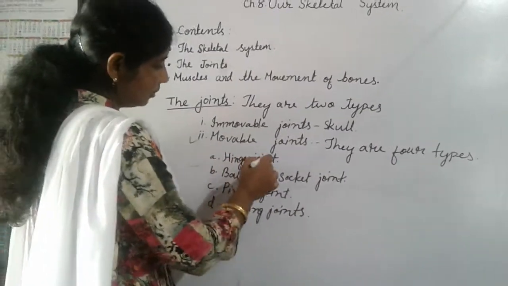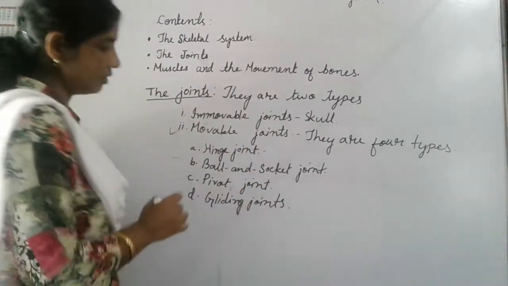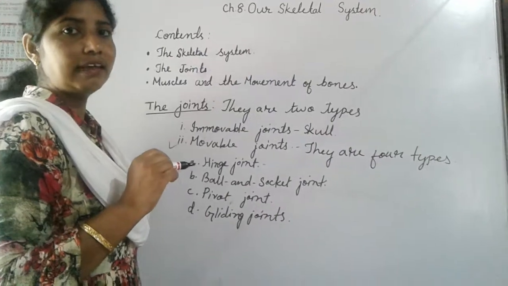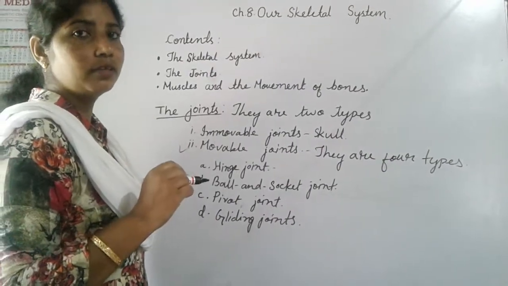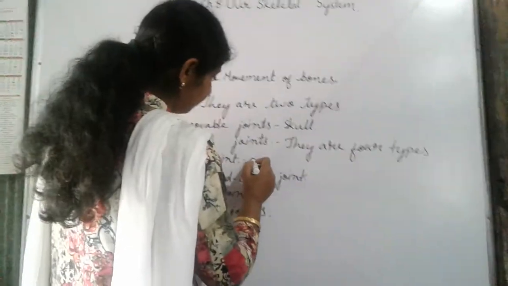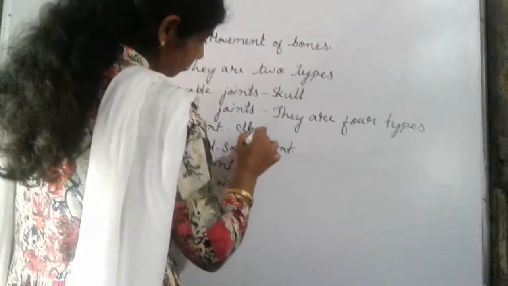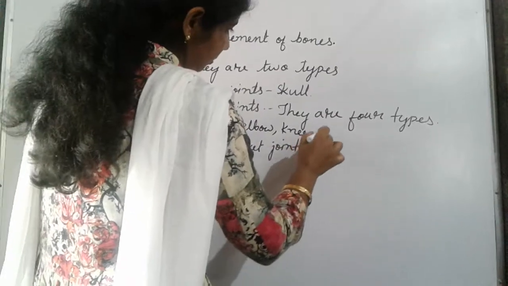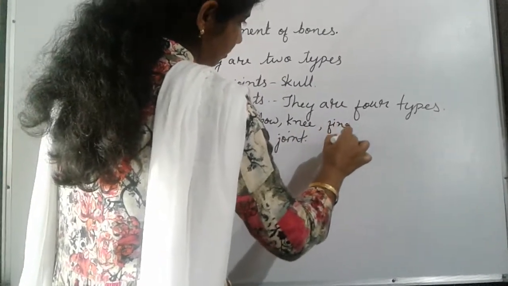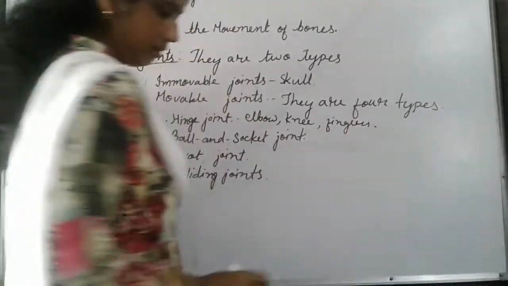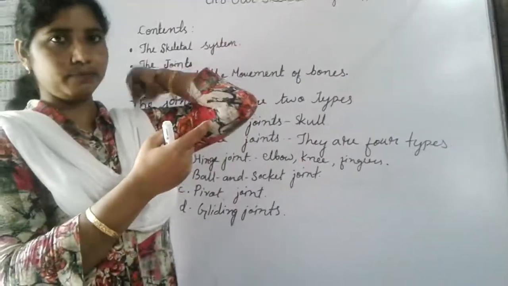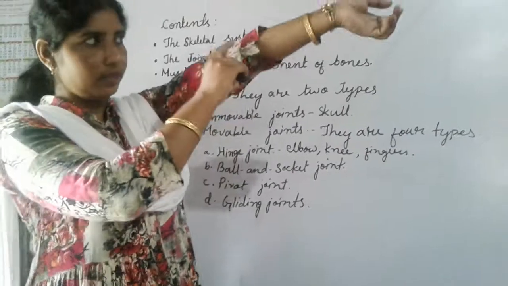Number one is hinge joints. What are hinge joints? Hinge joints allow movement in only one direction, like the hinge of a door. They are present in our elbow, knee, and fingers. The joint in our elbow allows movement in only the upward direction, not in the downward direction.